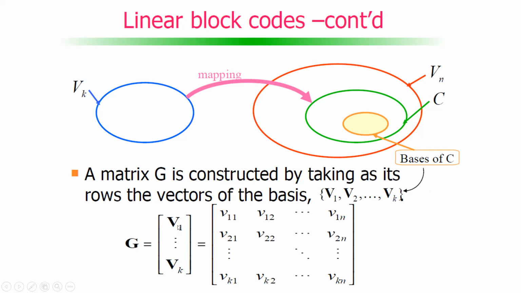So I will take those k vectors which are linearly independent, and this set of k vectors will be used to generate the code word. This set of k vectors is called the basis of the code book, right? And how many vectors are there in the generating matrix?